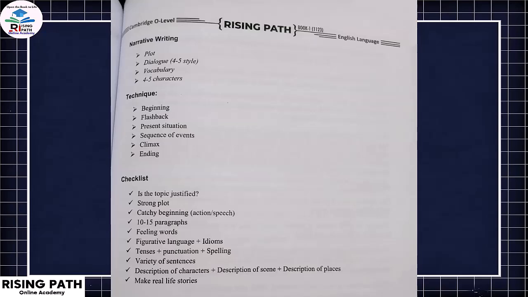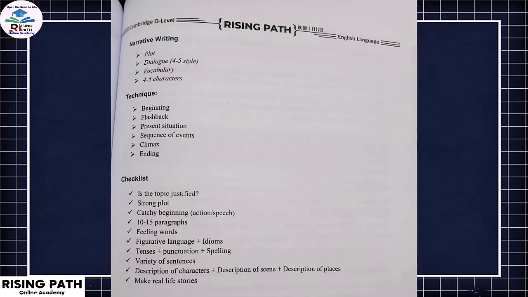And the last point is that you have to make real life stories. So don't write stories that are imaginary or science fiction or something. It's not happening in real life.